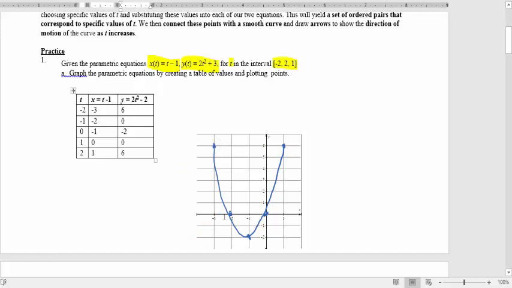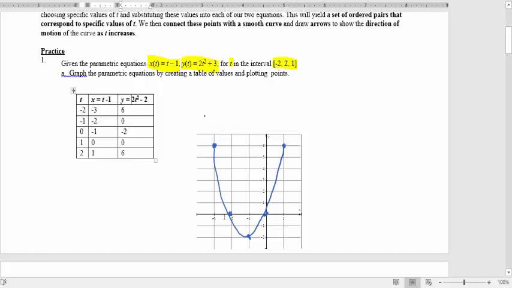Now the difference is a couple things. One, since I was graphing this only in the interval -2 to 2, I do put endpoints on this. I don't want to put arrows on the end here. I want to put endpoints because I was told to only graph it between -2 and 2. Now, is this curve going to continue up and to the left and up and to the right?